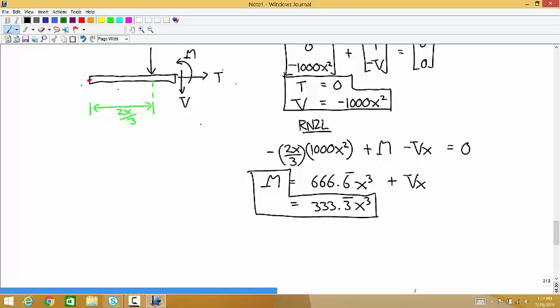It feels like a lot of extra steps, but it'll keep you from forgetting anything until it gets sort of fluid again. Yep. Is it negative 333.3? Yes, thank you. You're right about that. It has to be.